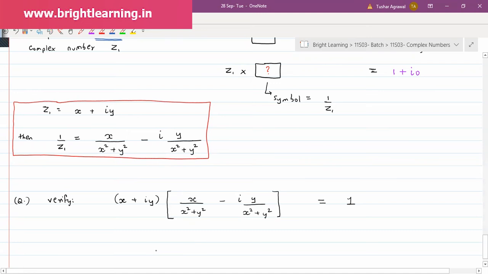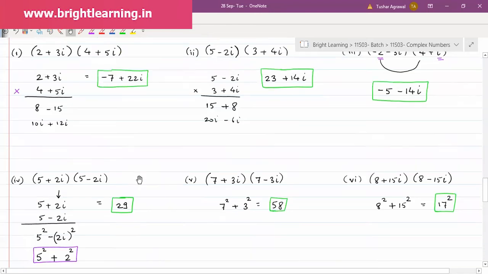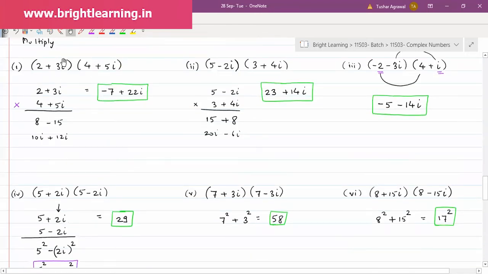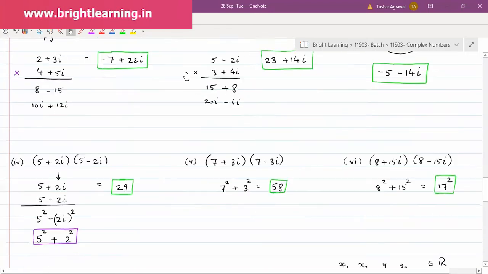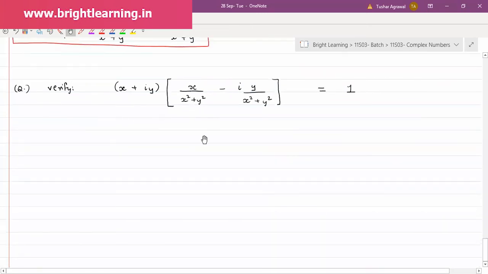This is your question. You know how to multiply two complex numbers. We have done these questions. Earlier I gave you numerical values; here, instead of numerical values, I have given you algebraic expressions. Use your knowledge of algebraic expressions and multiply. If your answer is verified, tell me in the chat box.